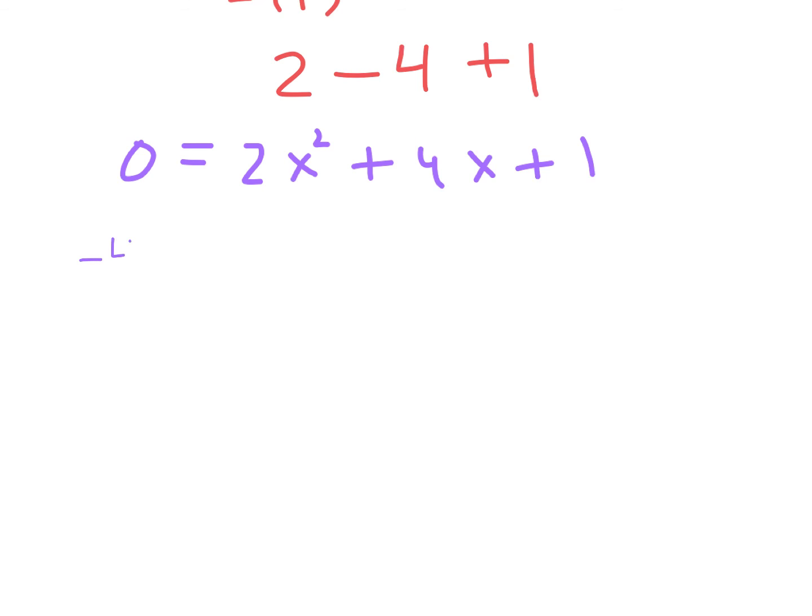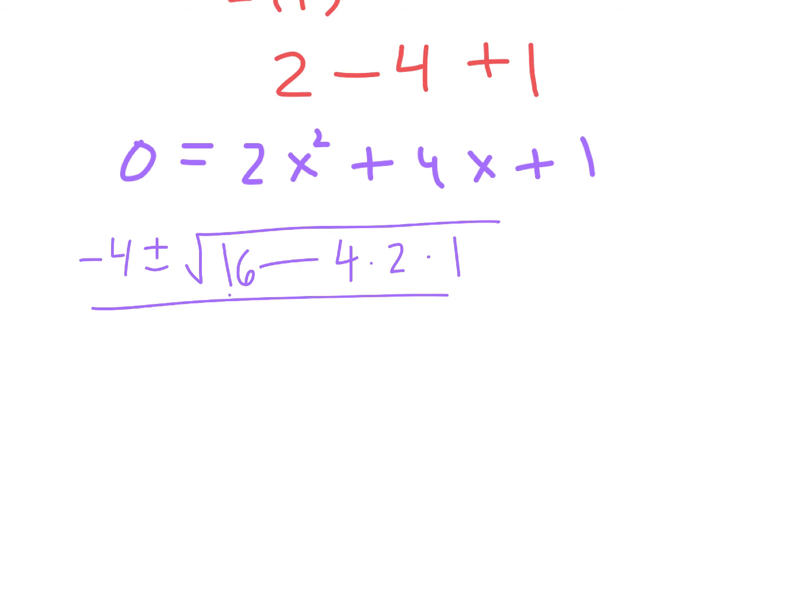Negative b, so -4, plus or minus the square root of b squared. So 16 minus 4 times a times c, over 2a, so 2 times 2.